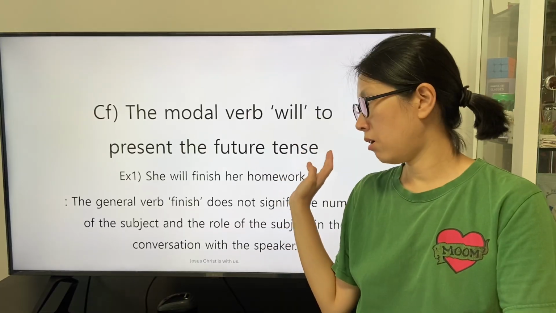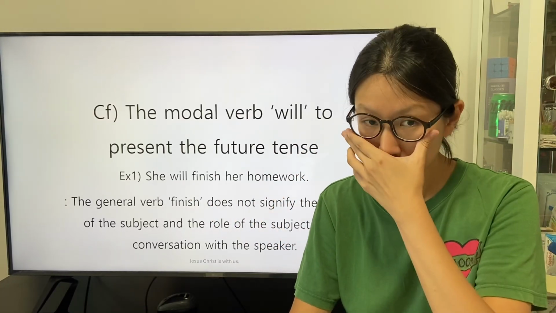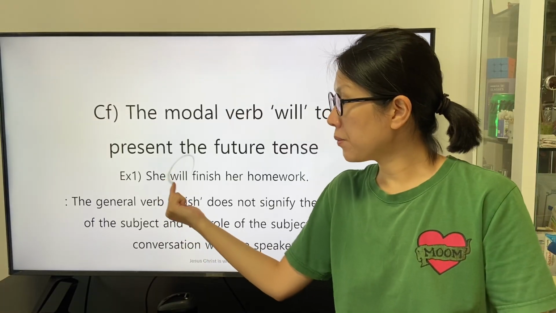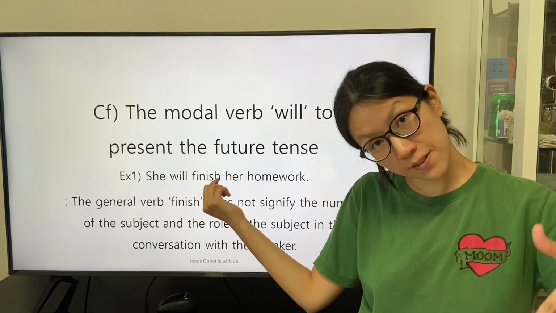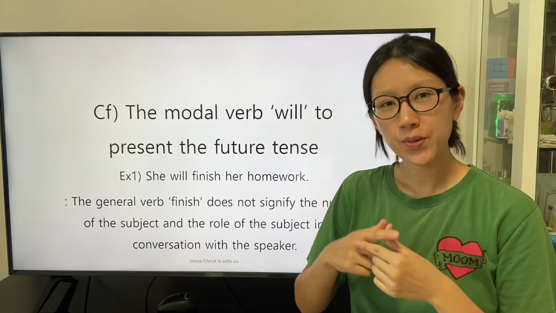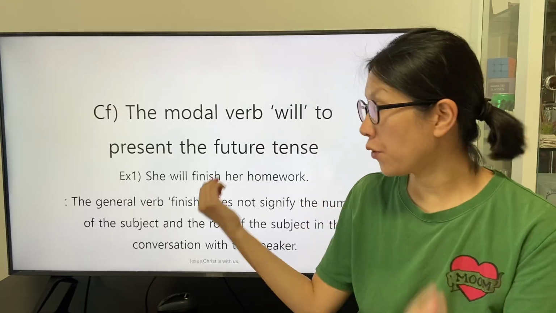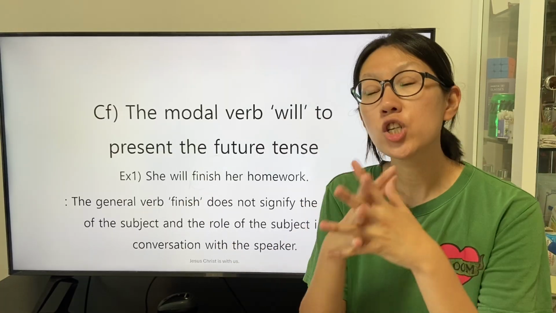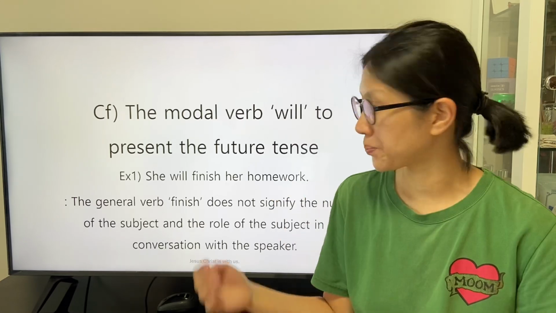There is a clause. She will finish her homework. The modal verb will specify the definition of the transitive verb finish, and the form of the transitive verb finish stays in its original form.